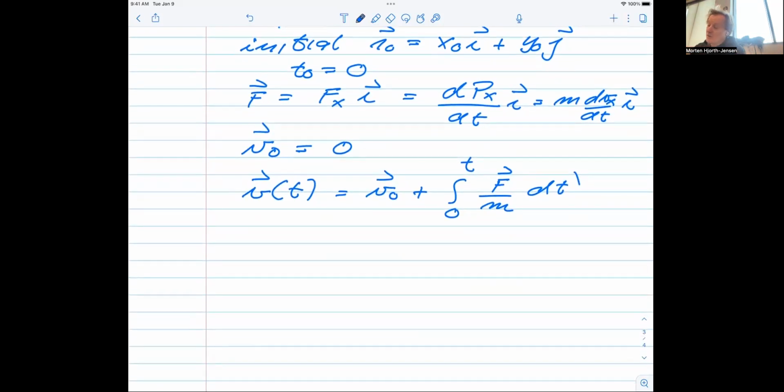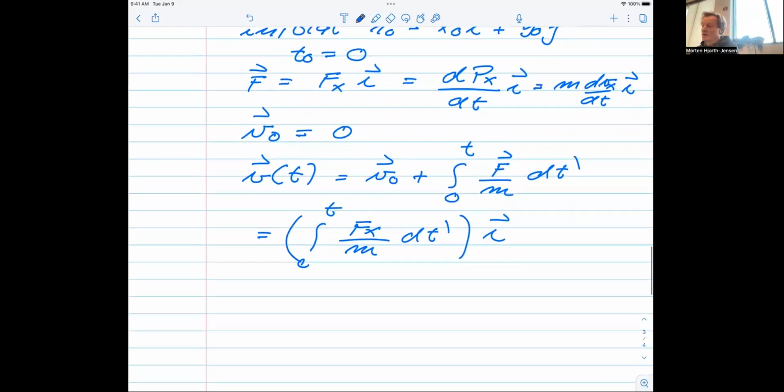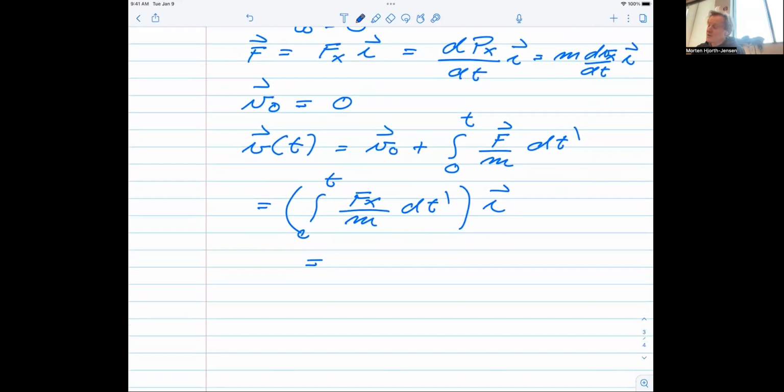And if I integrate this up, since I put the initial velocity to 0, this is now 0 to t. And then I have this F of x divided by m, and I have my dt, and this is multiplied with the unit vector in the x direction. And it shouldn't be a surprise, since F of x is a constant, this becomes simply F of x times t divided by mass times the vector I.